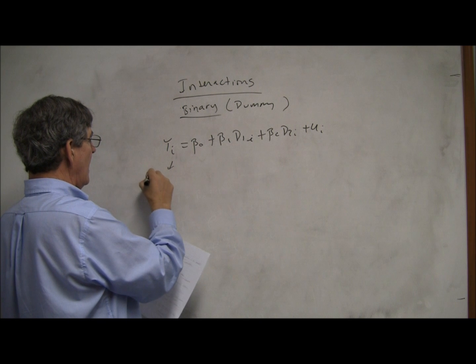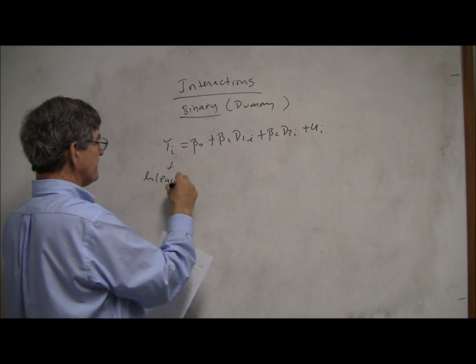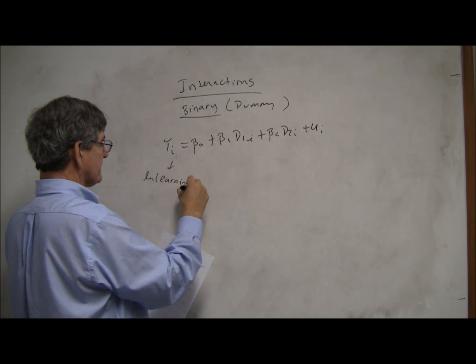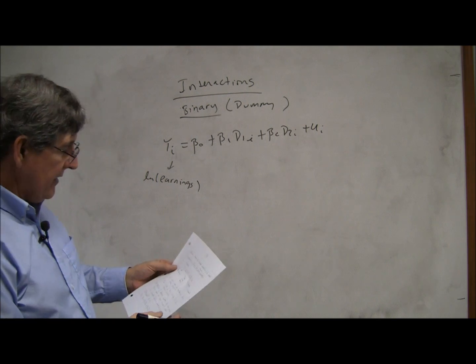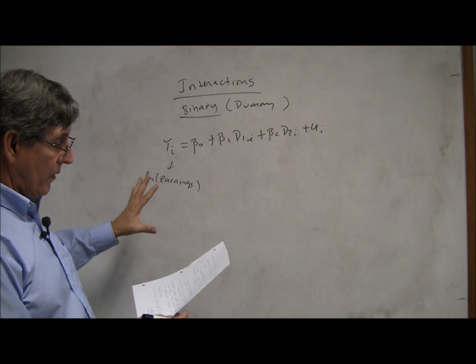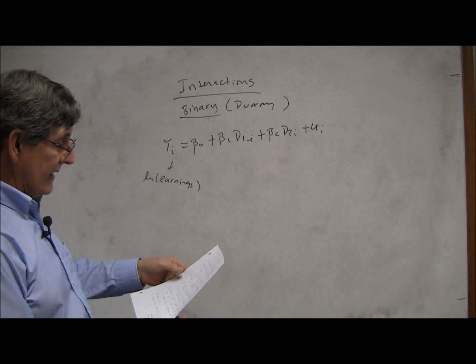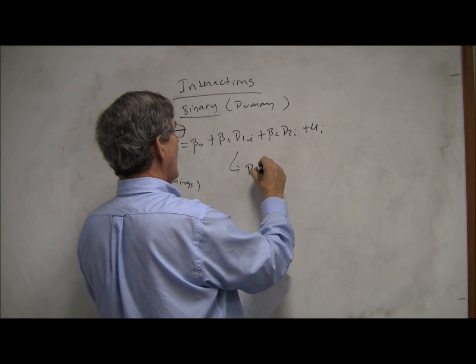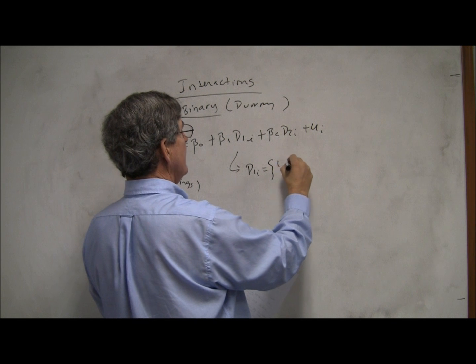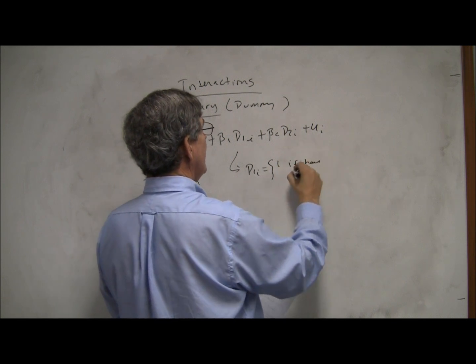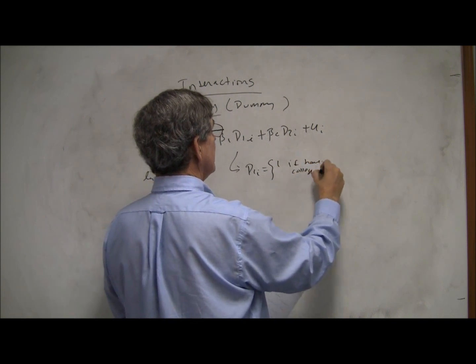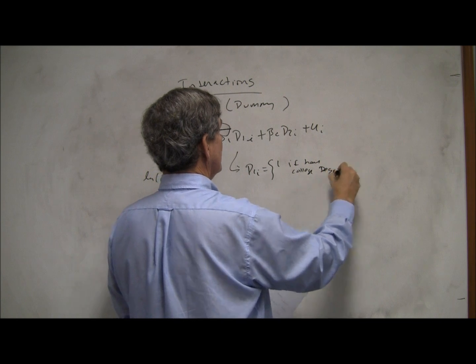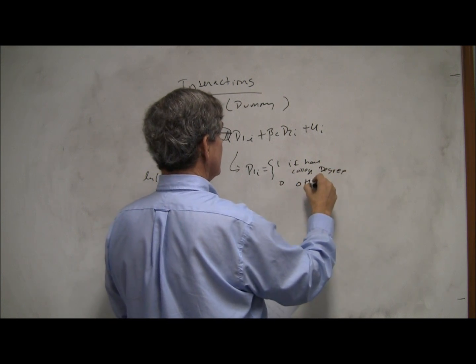This is the log of earnings. So we're going to have a log-linear model here, but that's not important. The logs are not important at all in this case. What we're going to look at is the interaction. d1i is equal to 1 if you have a college degree and 0 otherwise.